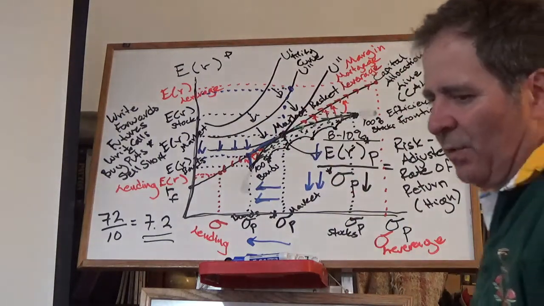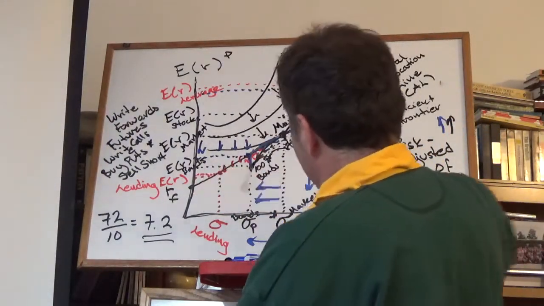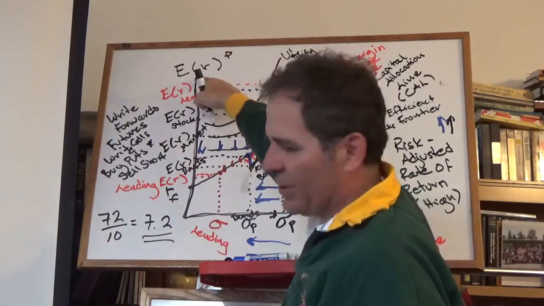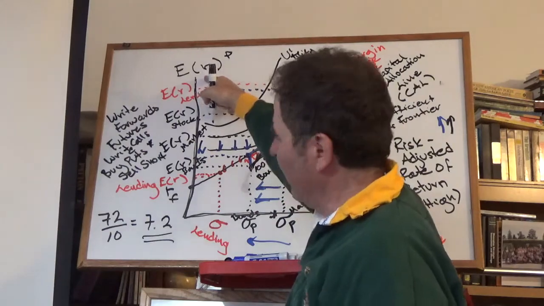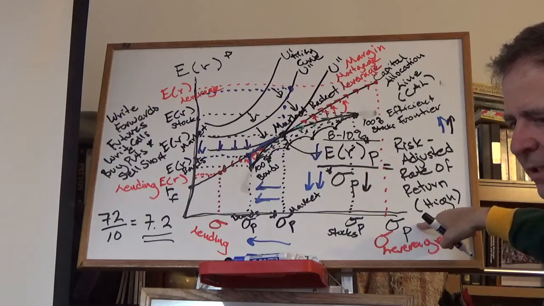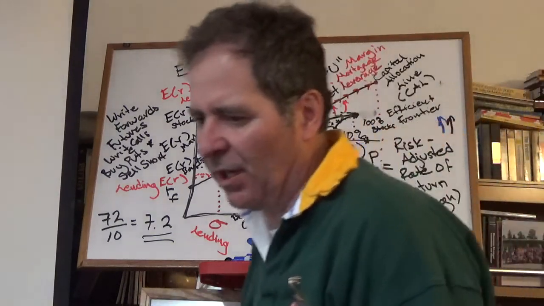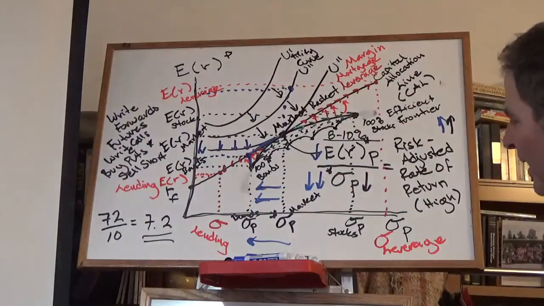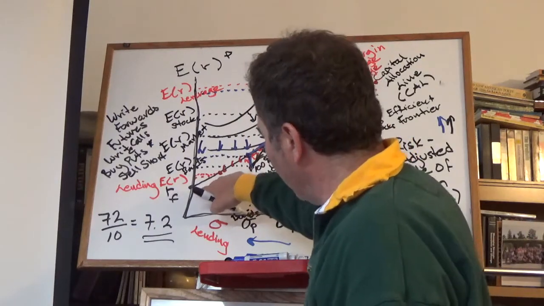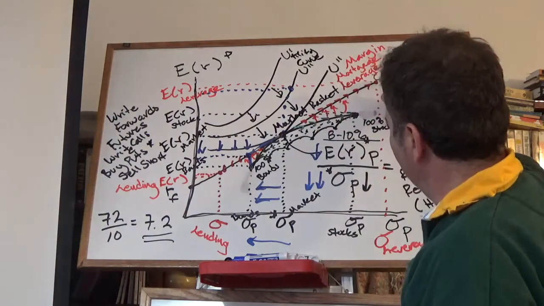So the first thing that you're going to want to do, if you're going to follow along, is set up the graph, where you have expected return on the portfolio on the y-axis, and the portfolio standard deviation, or the risk of the portfolio, on the x-axis. So that's the starting point to the theory. Then at this intercept you draw a line up to here, okay?